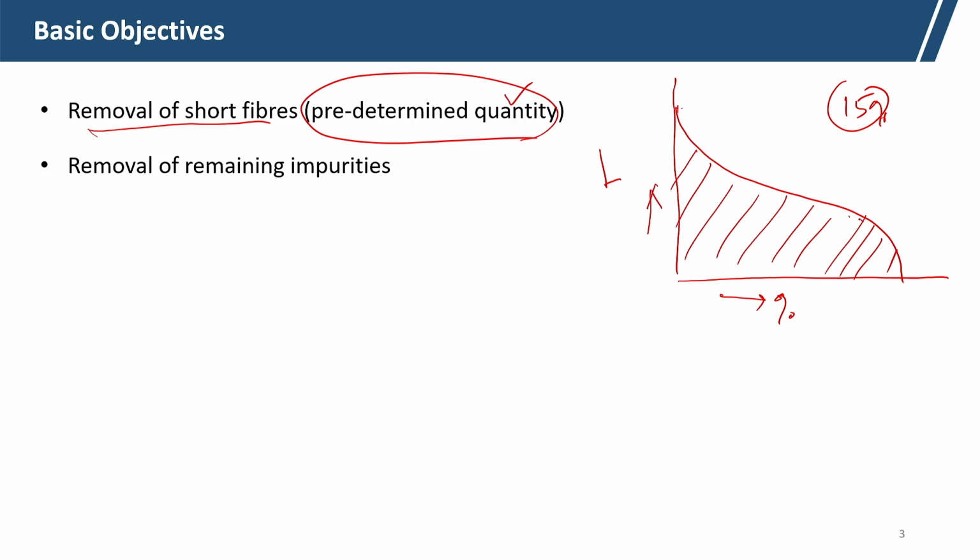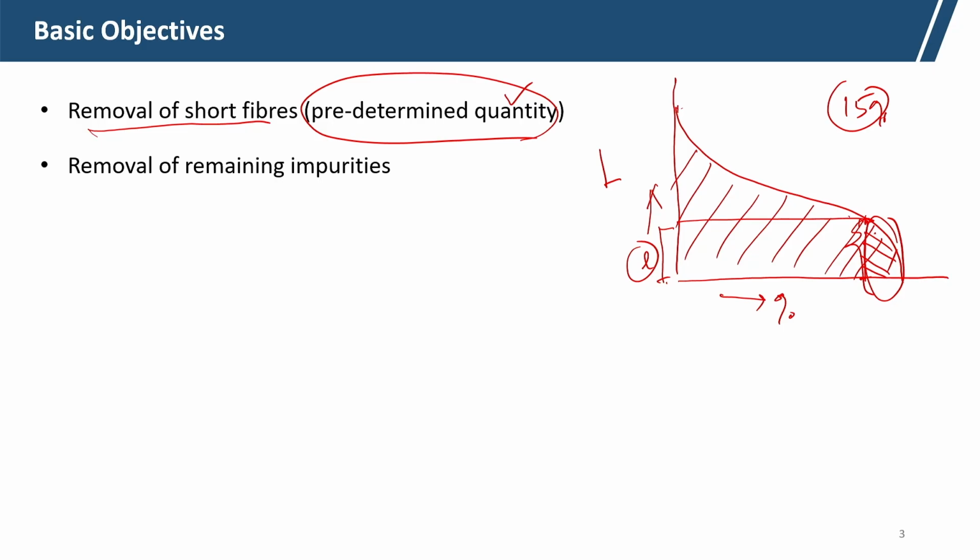So, what is the length? Suppose this is the 15% of the total. So, this predetermined mass we can remove. We will set our machine so that any length less than L can be removed.